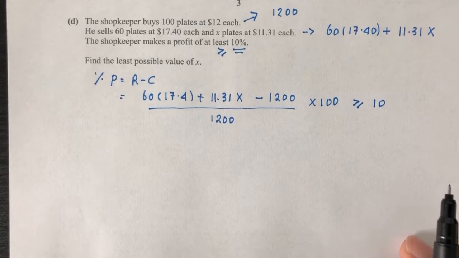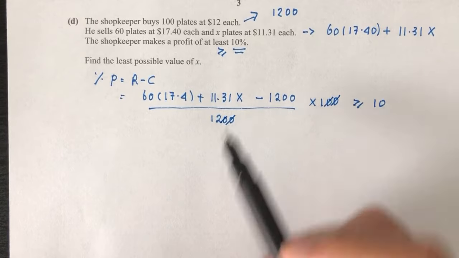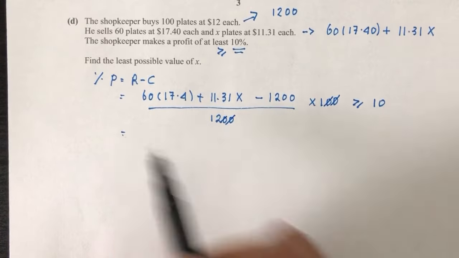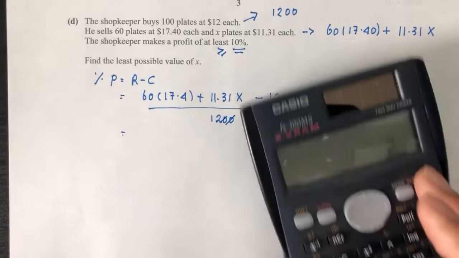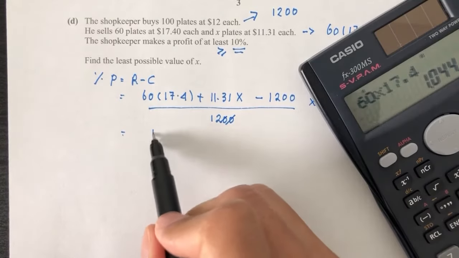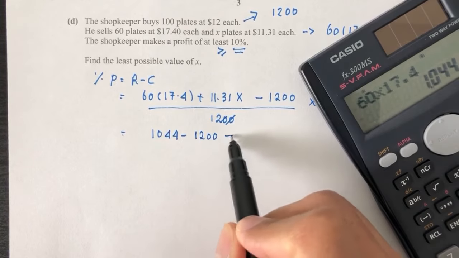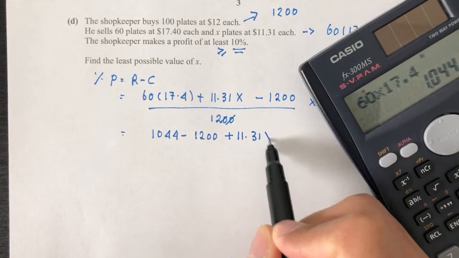So let's do that. First we simplify. We have 60 times 17.4. That will give me 1044 minus 1200 plus 11.31x.